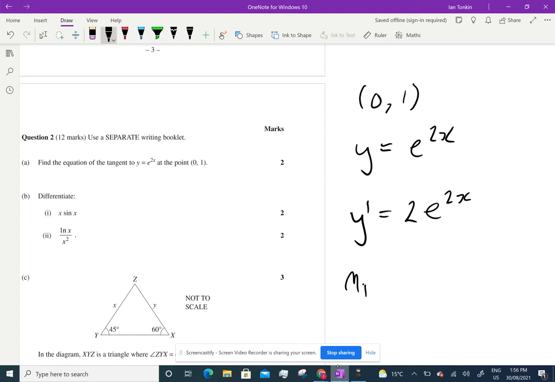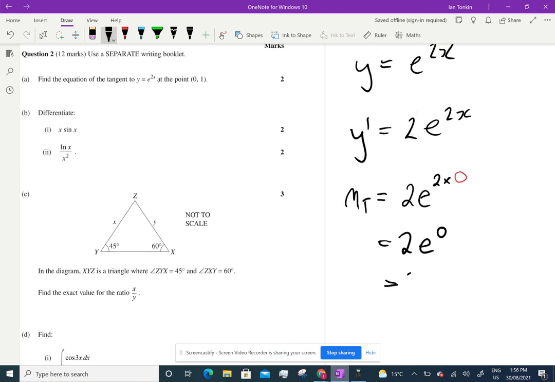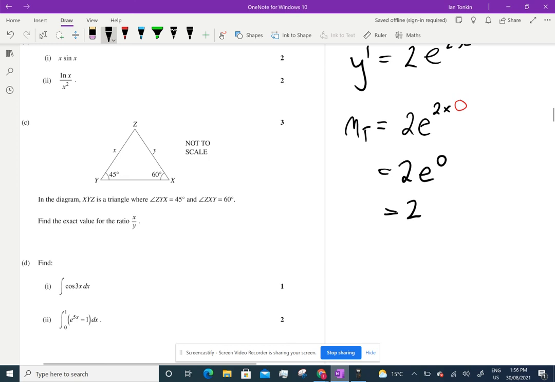Therefore, the gradient of the tangent is 2e to the 2 times, put in the x value, 0: 2e to the 0. Anything to the power of 0 is 1. 2 times 1 is 2.